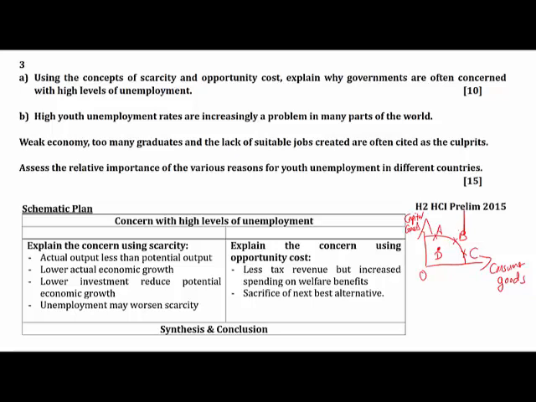What this means is that your actual output would be less than what you are capable of producing at full employment. So you will have a lower level of economic growth.